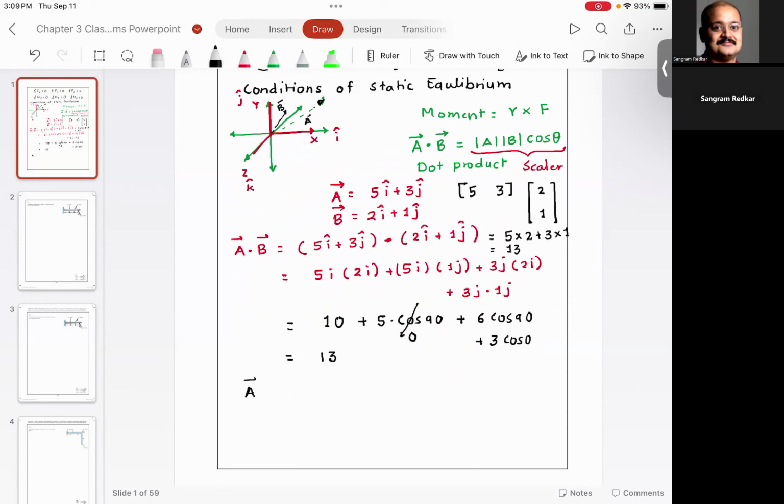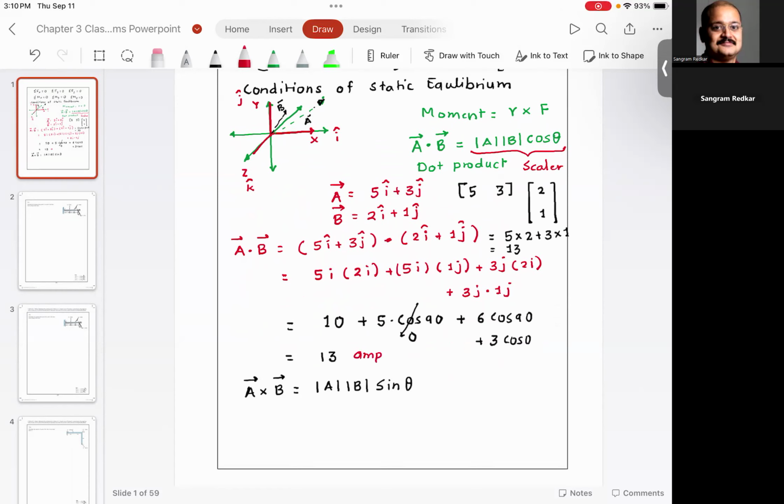So if you have a vector A and you want to cross it with vector B, A cross B is going to be the magnitude of A, the magnitude of B, multiplied by the sine of the angle in between. Now please try to understand, dot product does not have a unit, which means it only has amplitude.